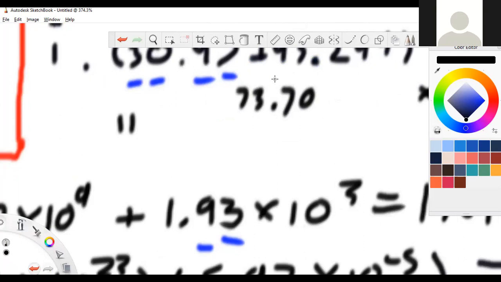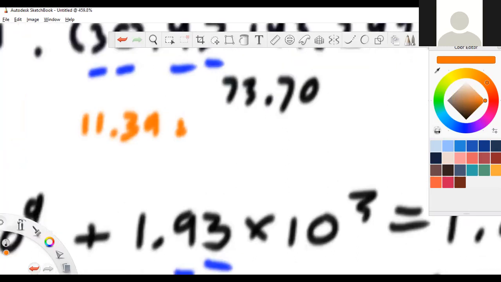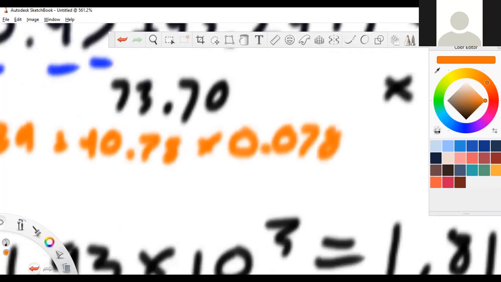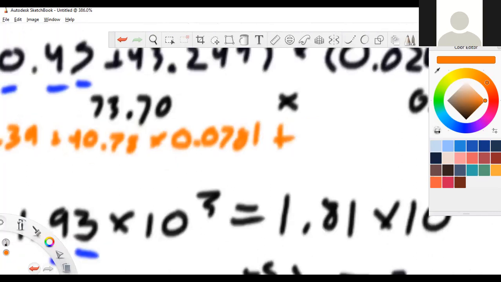It's getting cramped in here. Plus 40.78 times 0.0781 plus 0.